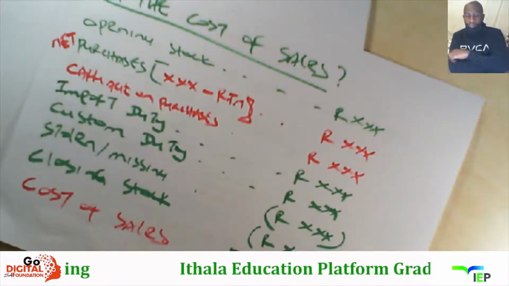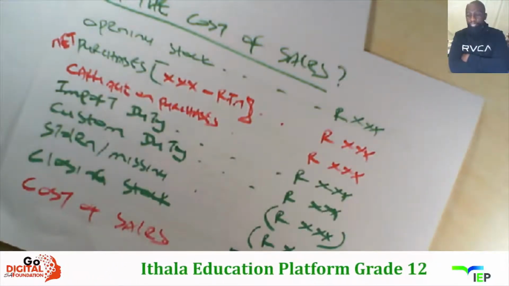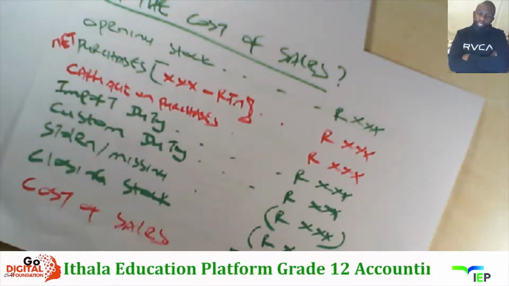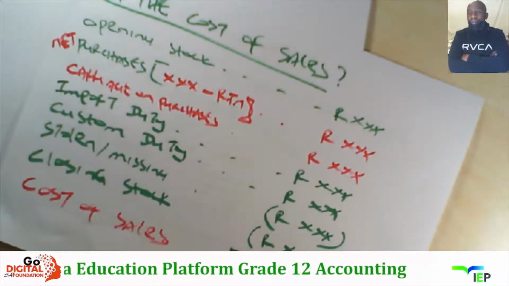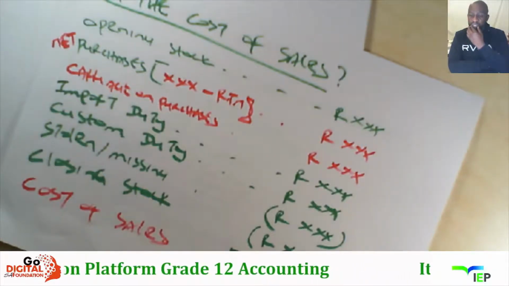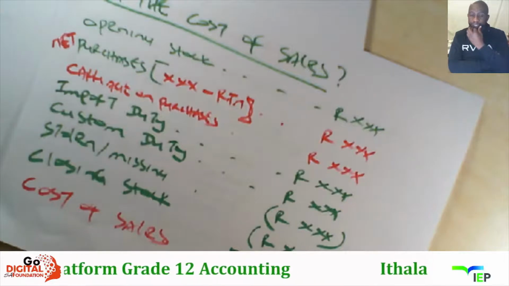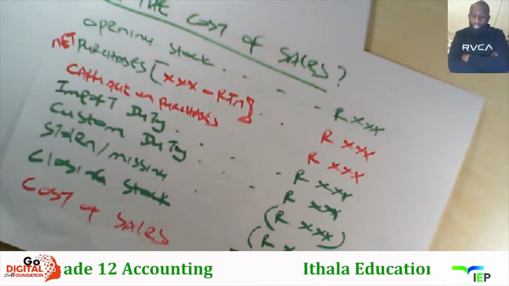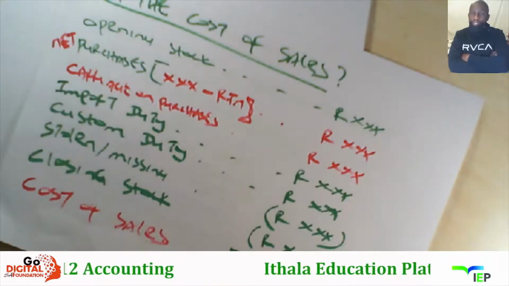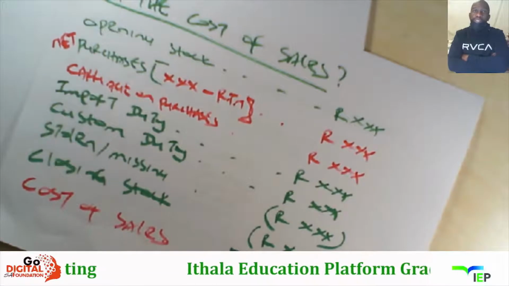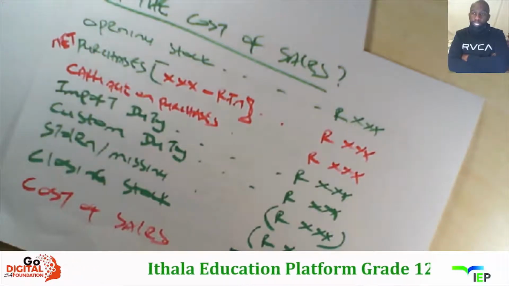The third one, calculate the cost of sales. How to calculate the cost of sales? You are using the values, the final amounts. You are saying opening stock plus purchases plus carriage on purchases, right? These are transports, the mode of transportation.